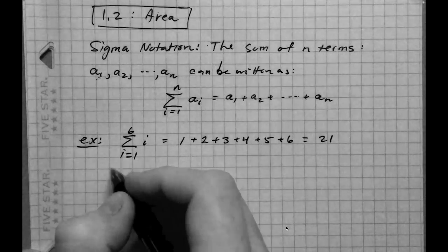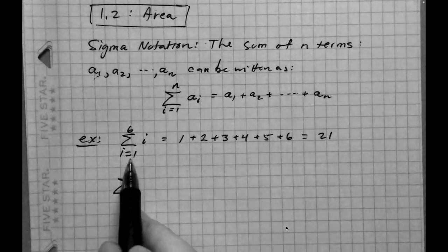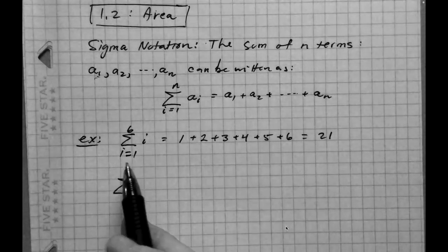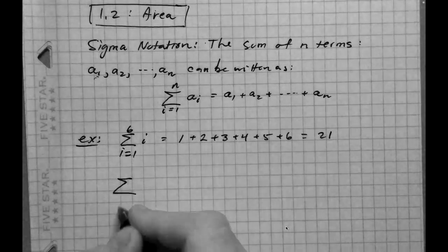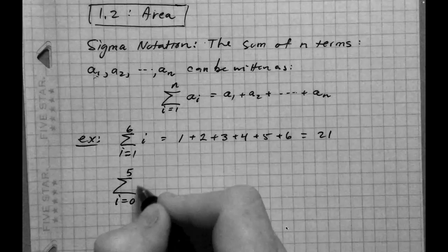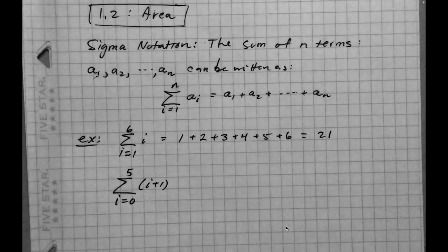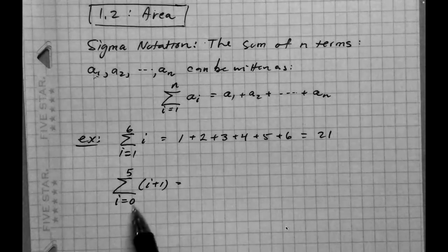Okay, the indices can vary. So, it's maybe typical to start at i equals 1, but you wouldn't have to, right? So you could say i equals 0 up to 5 of i plus 1, right? And in this case, you would get the same sum, right?